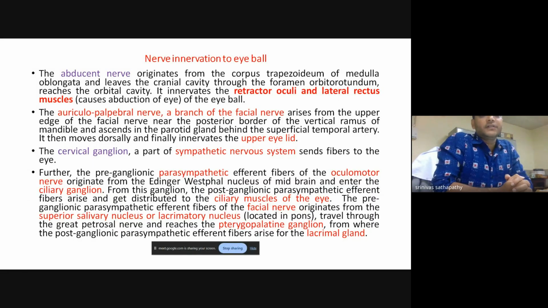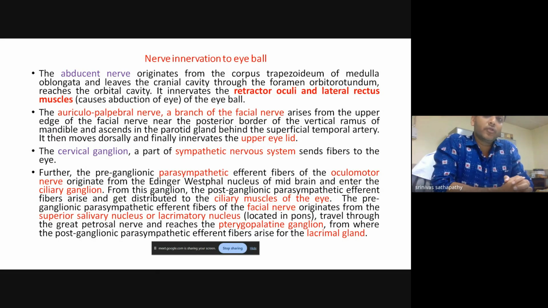Besides these cranial nerves, the function of the eye is also controlled by the sympathetic and parasympathetic nervous systems. They form ganglia. Ganglion means a group of cell bodies. The cervical ganglion, which is a part of the sympathetic nervous system, sends fibers and controls the eyeball sympathetically, whereas the oculomotor nerve and the facial nerve are involved in the parasympathetic activity of the eye.